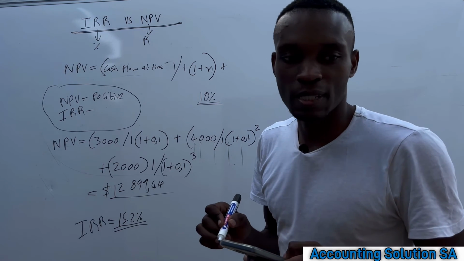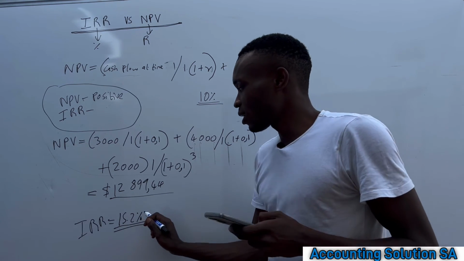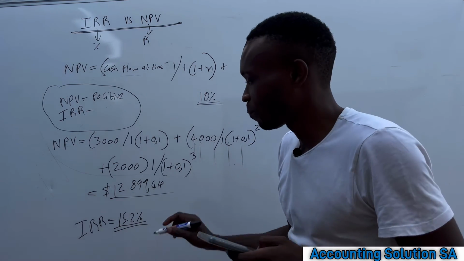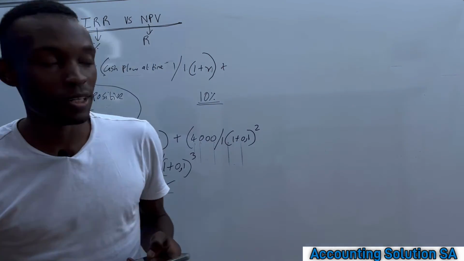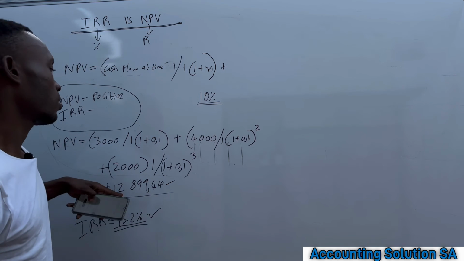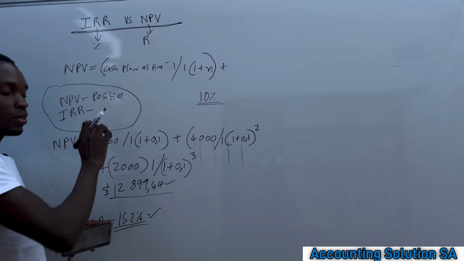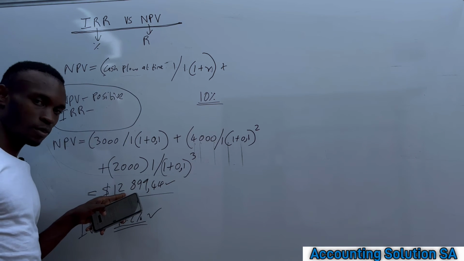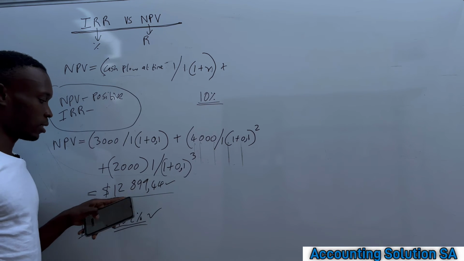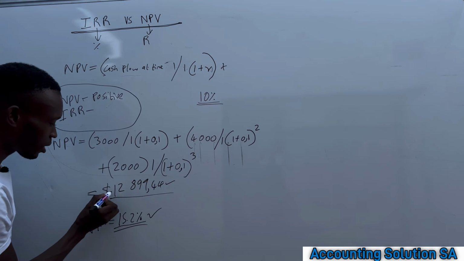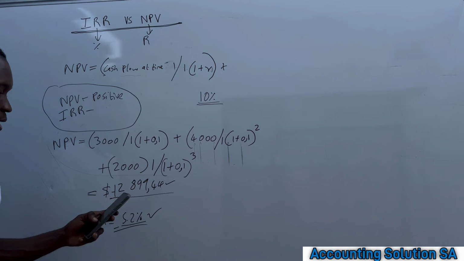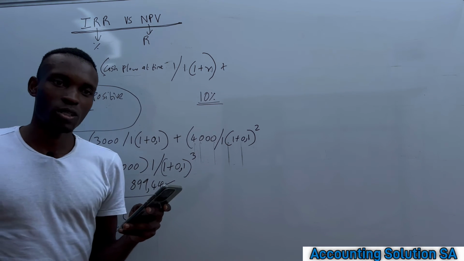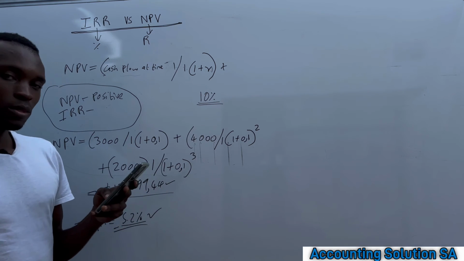Very simple, which means you can say yes, we are going to invest into this project because our internal rate of return is higher and our net present value is positive. Simple like that. But if this one was negative and this one maybe was 5%, we were going to reject this project because it was not going to profit the company.